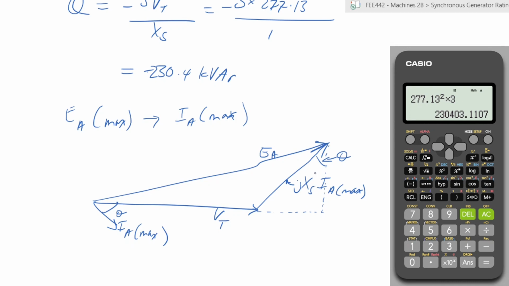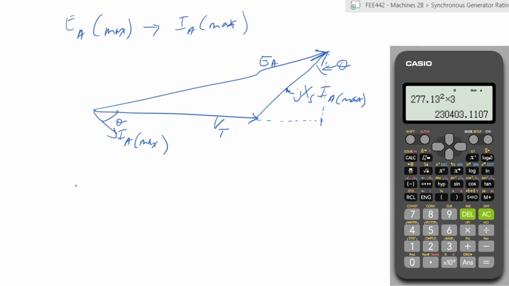Now, what then happens is that EA when it is maximum will be given by VT and jXS IA maximum. So what we then have is EA equal to VT, which remains constant, plus jXS IA at maximum, right?